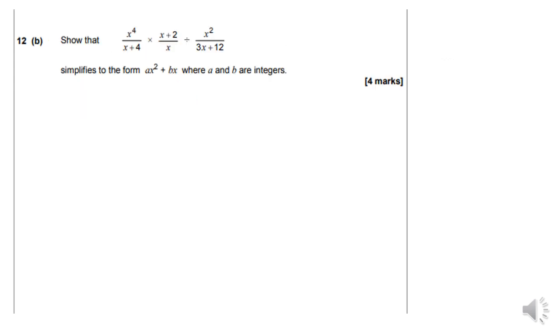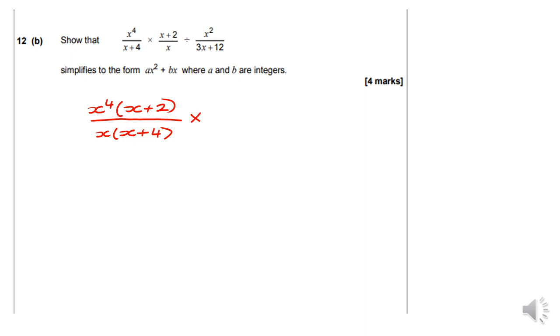Well, this one's a bit more fun because we've got to multiply through. I think just do it bit by bit. So if I multiply across on the top first, we're going to get x 4 multiplied by x plus 2 all divided by x brackets x plus 4. Let's just multiply in the first one, and then I'm going to keep that the same.